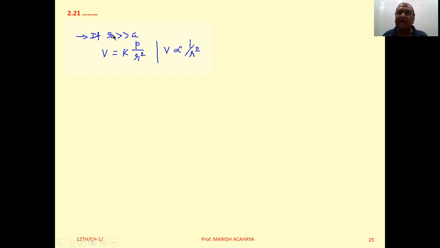But if we take r very much greater than a, it implies that r by a is very much greater than 1. So in that condition, we can neglect a square. So we can write V equal to kp upon r square, which means in this case the potential is proportional to 1 upon r square.